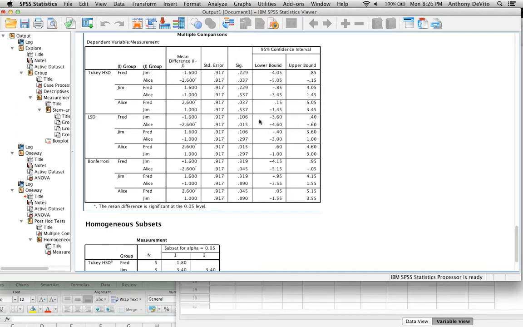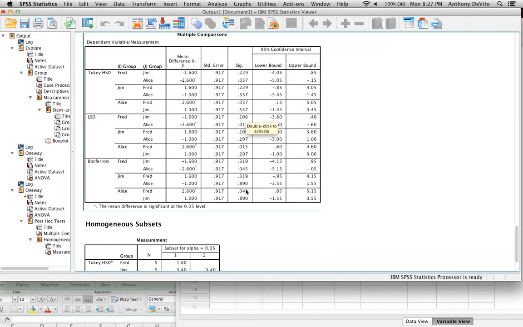Let's see if we get the same results on the rest of them. LSD, Fred and Alice are different, none of the others are, right? Although we get a little bit closer here on Fred and Jim. So that's a little less conservative. And Bonferroni, again, we get one group that we can say there's a difference, 0.05. Notice that the p-value here is closer to 0.05.